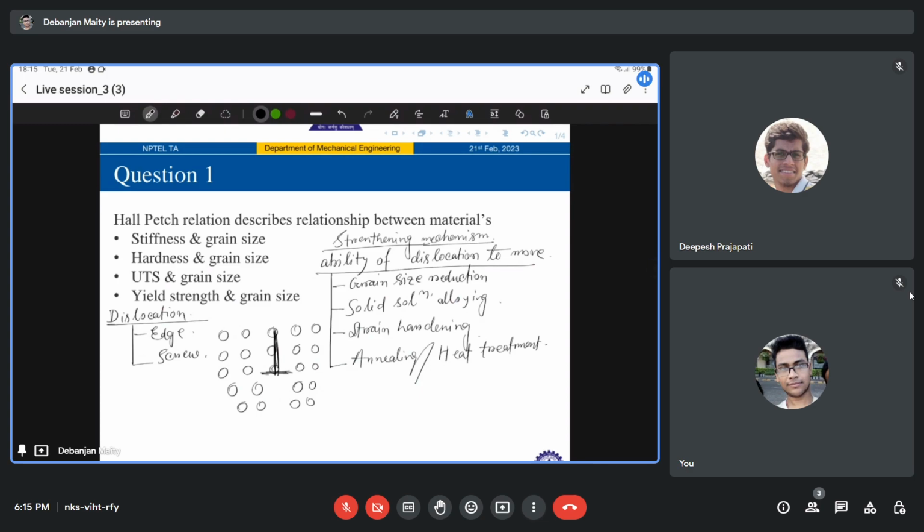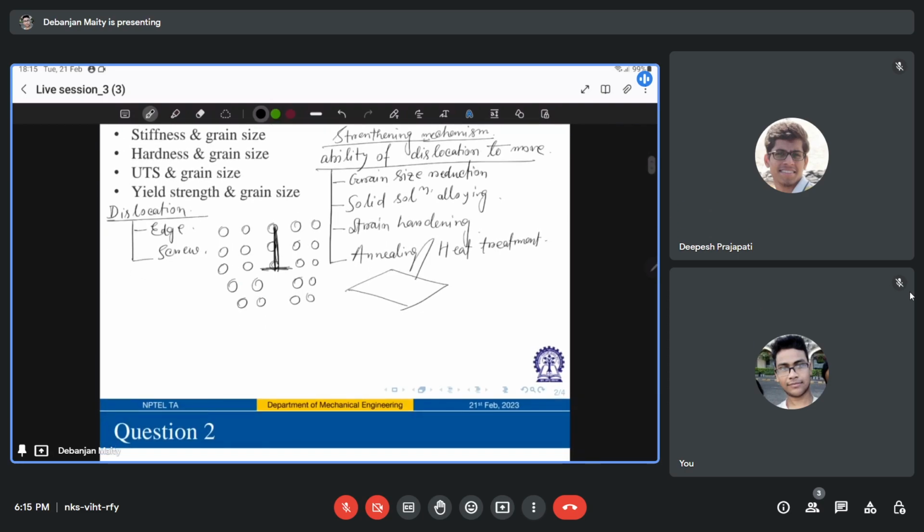And in a screw dislocation, you can say it is like a spiral planar ramp resulting from shear deformation, so there can be some kind of orientation over there. If I try to draw the 3D diagram of a screw dislocation, let me draw some schematic.